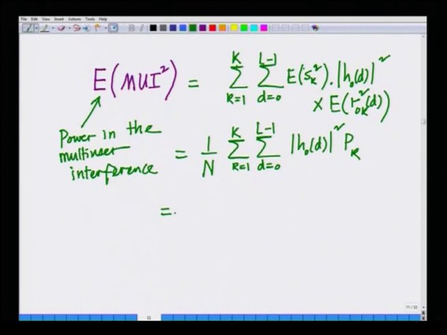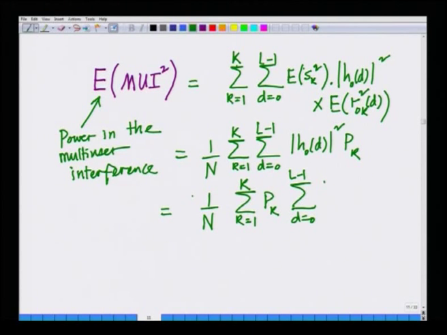And remember, since P k does not depend on d, I will pull it out of the summation. This is nothing but 1 over n, summation k equals 1 to capital K P k, summation d equals 0 to L minus 1 magnitude H 0 d whole square.